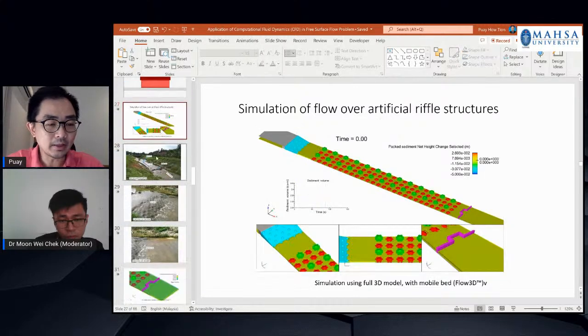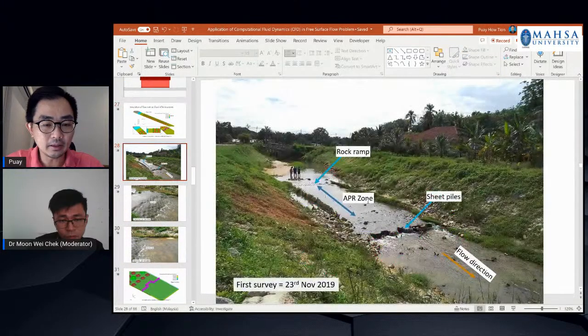So this is a replication of the situation in one of the rivers in Malaysia, where a test is being carried out, where they are trying to rehabilitate the river by using artificial riffles.